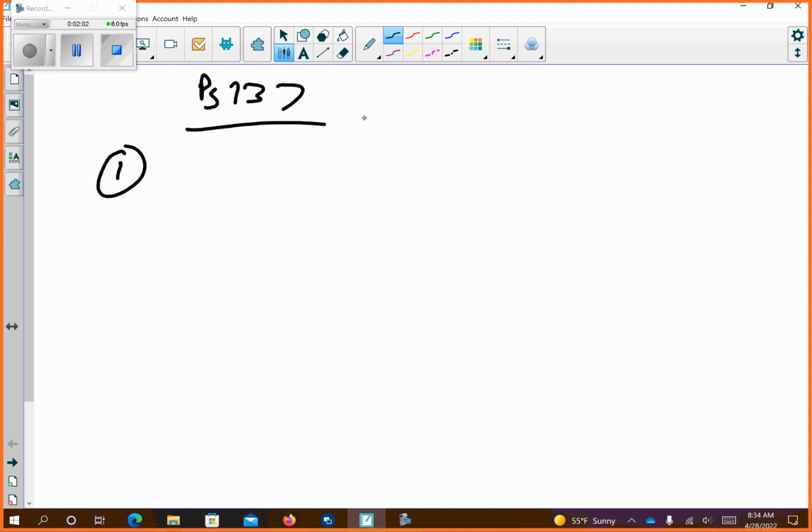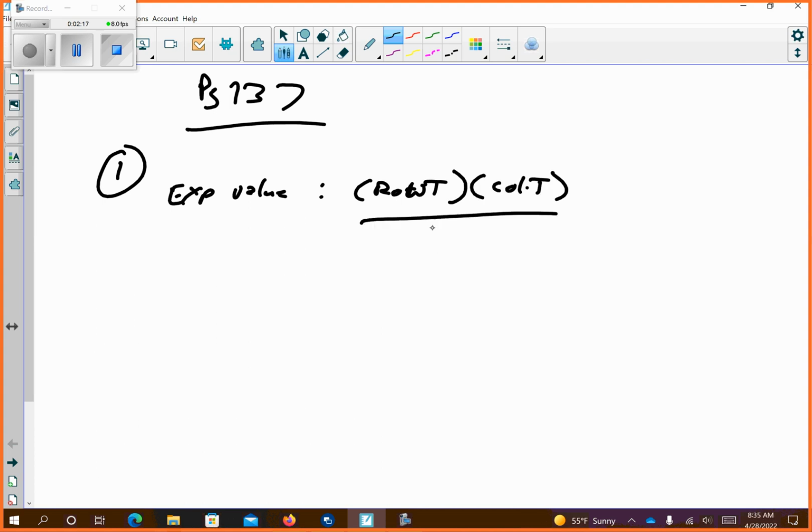So remind me, how do we find the expected value? Row total times column total, divided by the total. You're so smart, Aaron. All right, so we have 0 to 18.